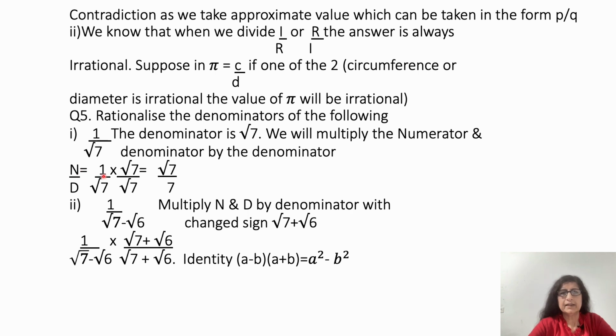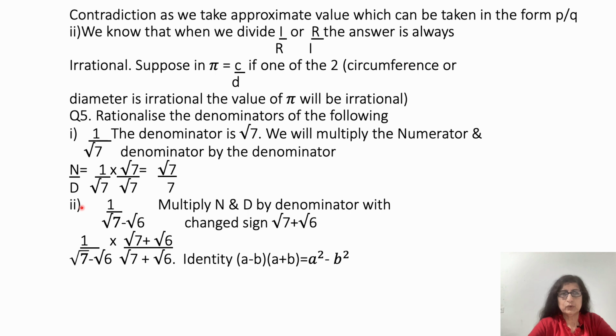So we get 1 upon under root 7 multiplied by under root 7 upon under root 7. So 1 multiplied by under root 7 is equal to under root 7, and under root 7 multiplied by under root 7 is equal to 7. 7 sevens are 49. Under root 49 is equal to 7. So we get under root 7 by 7. We have rationalized the number.